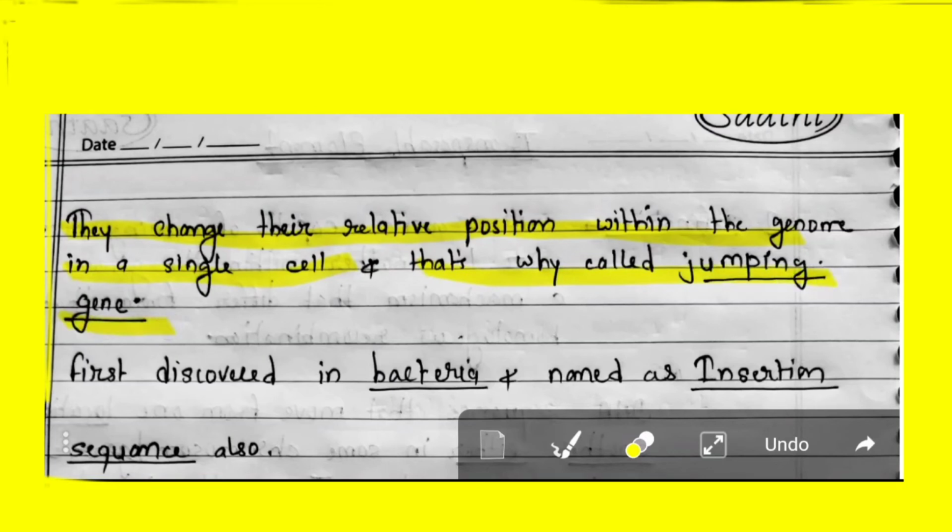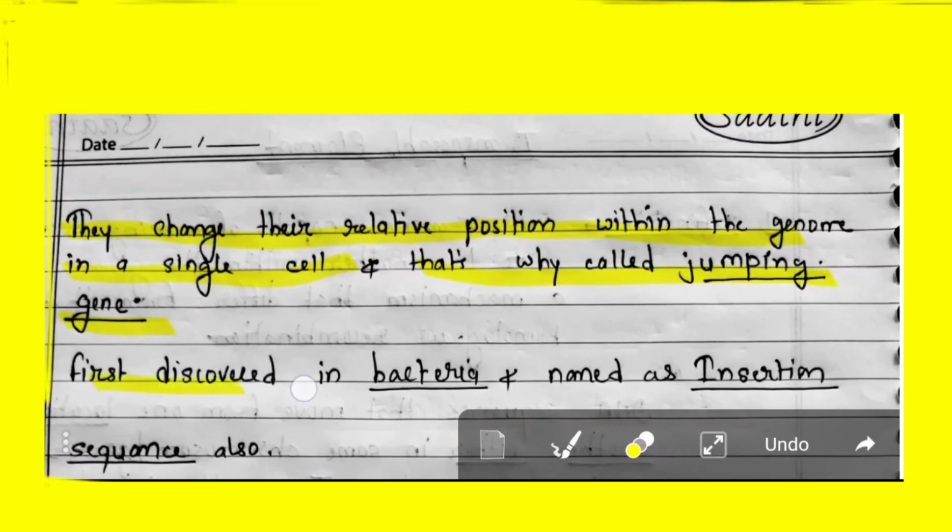This is the reason transposable elements are known as jumping genes.